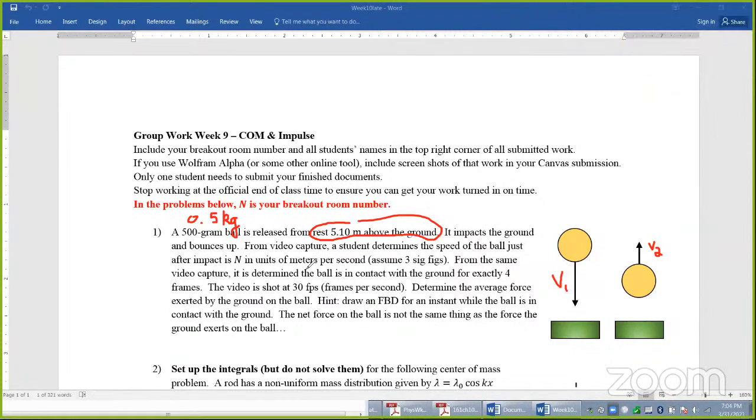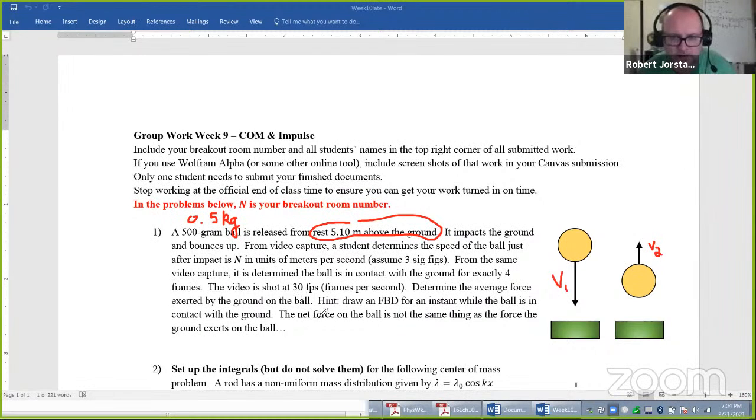Oh, and its speed after impact is n, where n is your breakout room number. So we know this one is some number, it could be 1, 2, 3, 4, 5 or something like that meters per second.